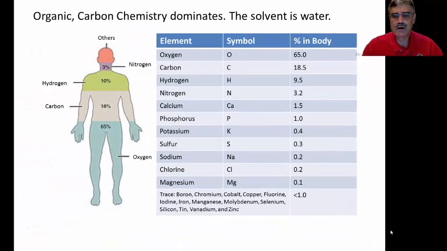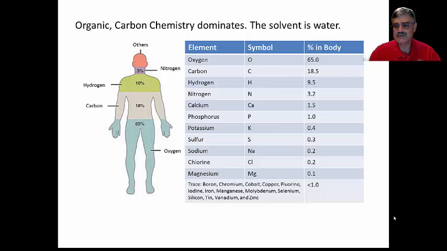Even though we have over 100 elements in the periodic table, living systems utilize only a certain set of these elements. By mass, oxygen comprises the largest percentage of living systems, and that is largely because about 60% of our bodies, for example, is water. And if you remember, water is H2O, two hydrogens and an oxygen. So it shouldn't be too surprising that 65% of the mass of our bodies is made of the element oxygen.